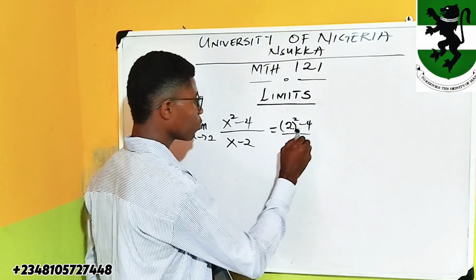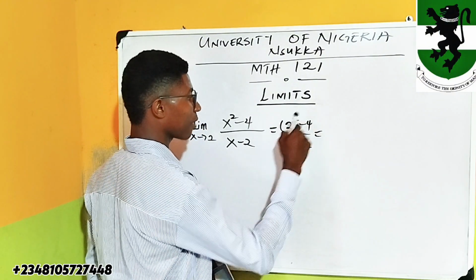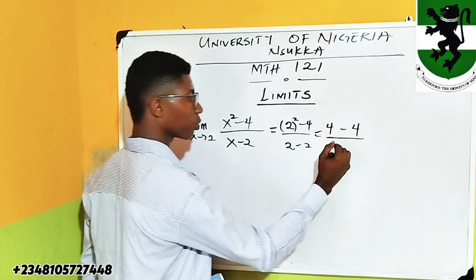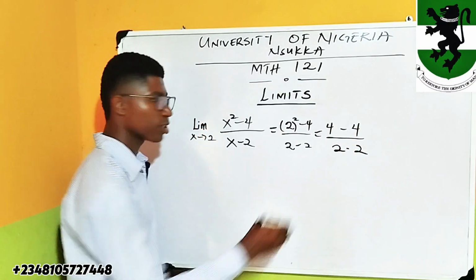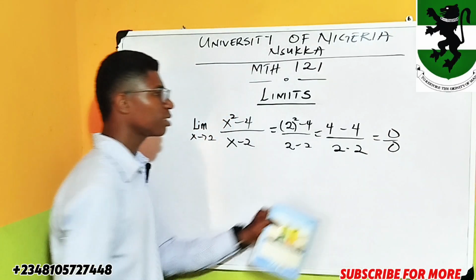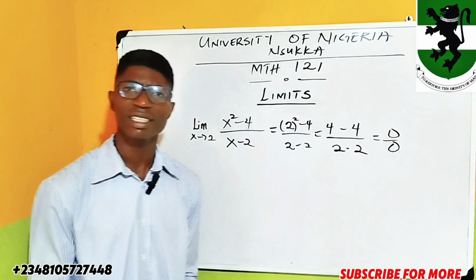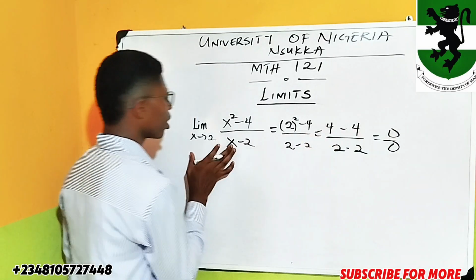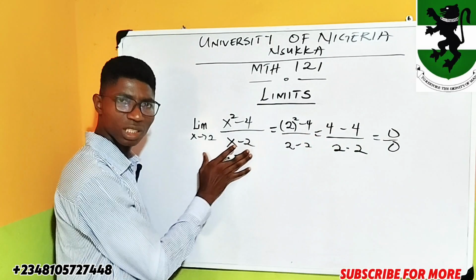All over 2 minus 2, right? Hence we have 2 squared is 4, minus 4, over 2 minus 2. 4 minus 4 is 0 and 2 minus 2 is 0. Hence our answer is 0 by 0, which is indeterminate. Hence we have not gotten the solution to this limit equation.